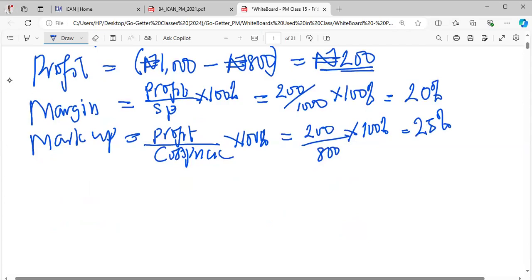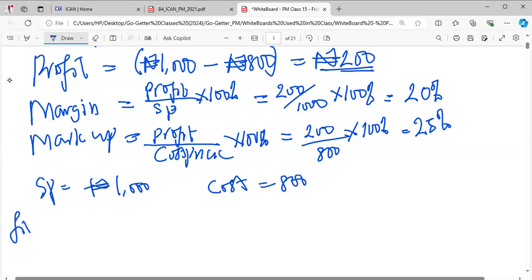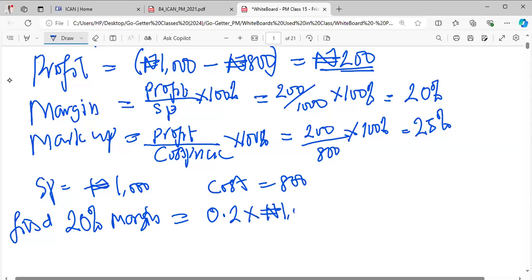So if somebody says SP 1000, cost 800, find 20% margin, all you simply do is 0.2 multiplied by 1000.